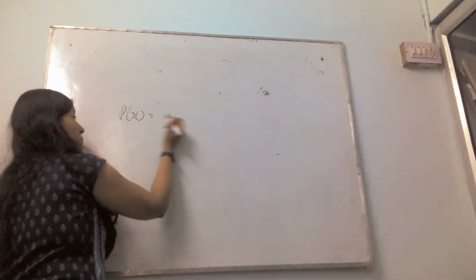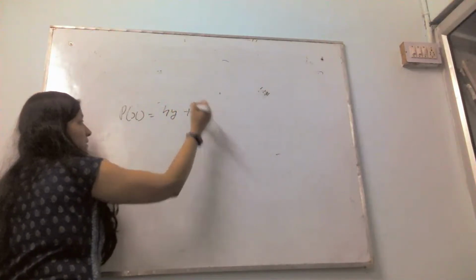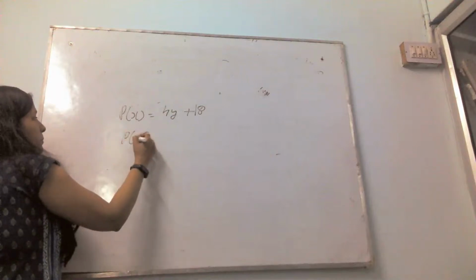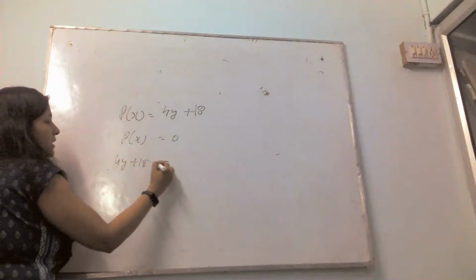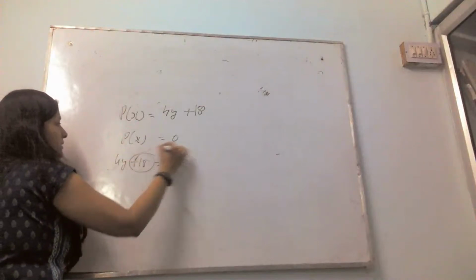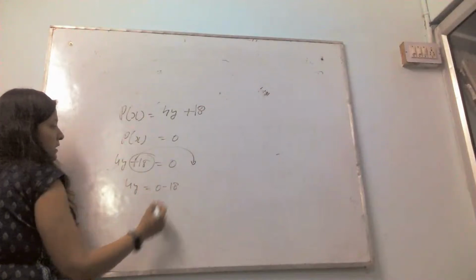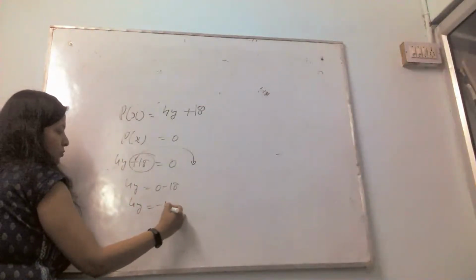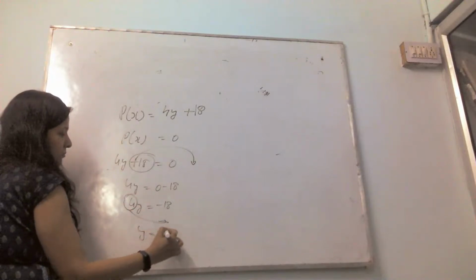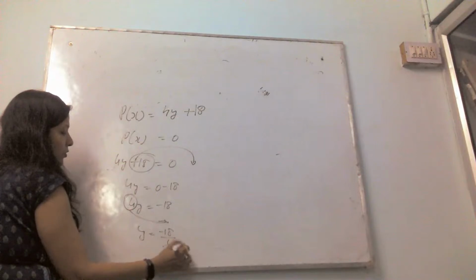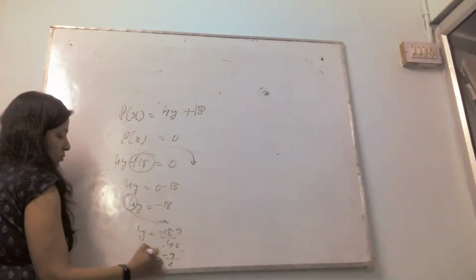p(y) equals 4y plus 18. p(y) equals 0, so 4y plus 18 equals 0. The plus 18 goes to the other side, 0 minus 18, so 4y equals minus 18. It is in multiplication, so it goes to divide: minus 18 by 4, that is minus 9 by 2.